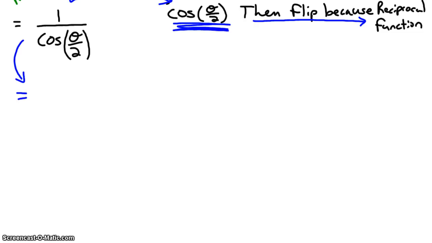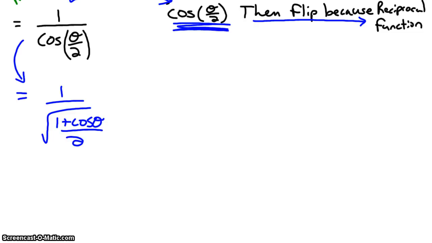So, stepping through this problem, we have 1 over cosine theta over 2. We need to look at our cosine identity with the half angle, and that leaves me with 1 over the square root of 1 plus cosine theta, all over 2.